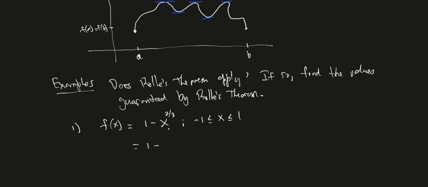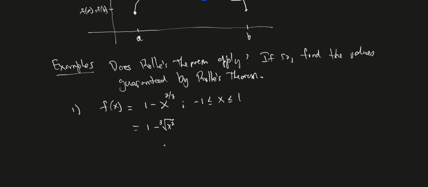So x to the 2/3 is basically the cube root of x squared. Now, the square function or parabola is always continuous. The cube root function is always continuous. Therefore, 1 minus the cube root of x squared is always continuous. So at least we see that we have a continuous function.